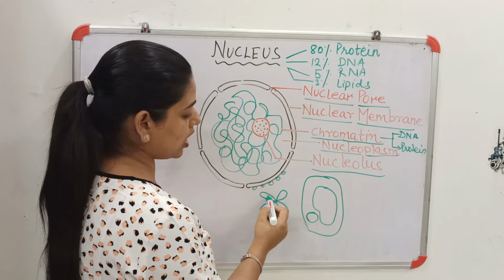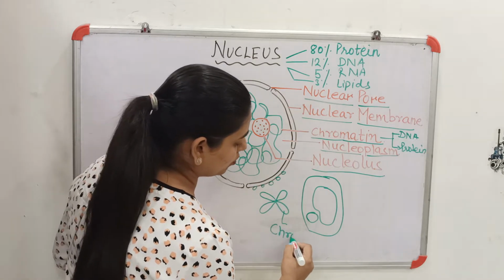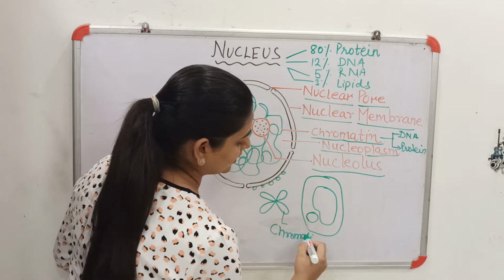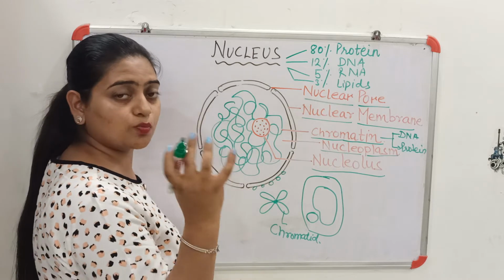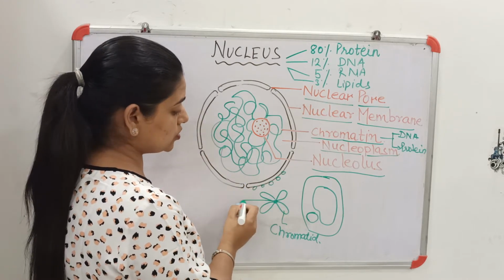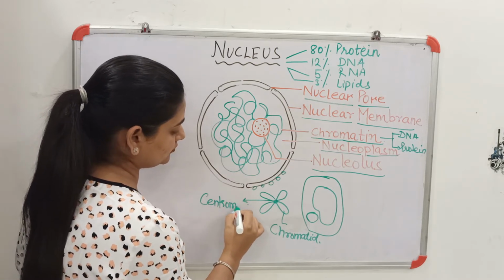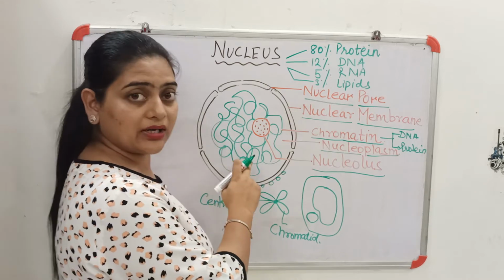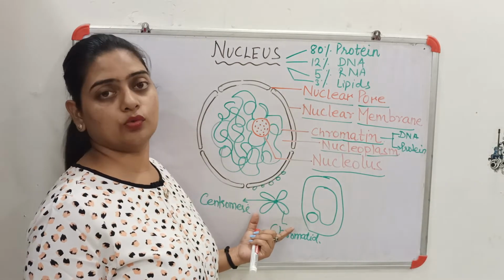These two arms that you are seeing are known as chromatids, and you can see the point at the center which is binding these two arms together. This is known as the centromere. When chromatin takes this form, we call it a chromosome.